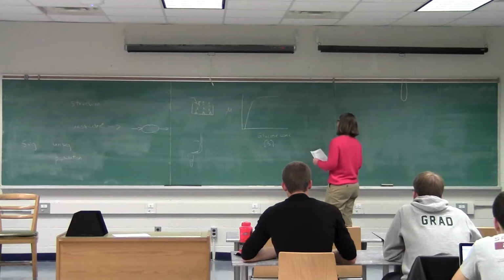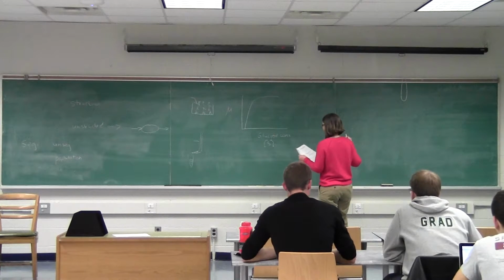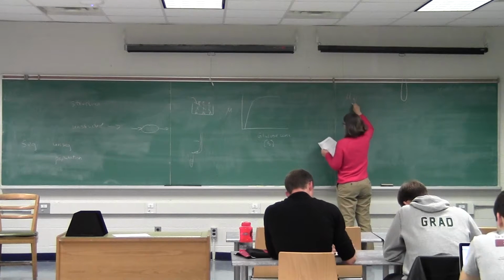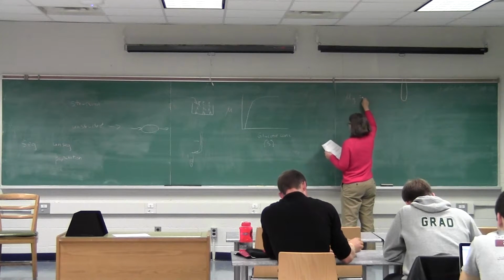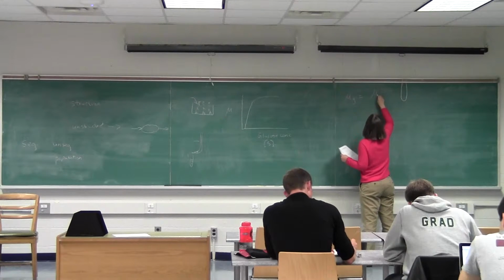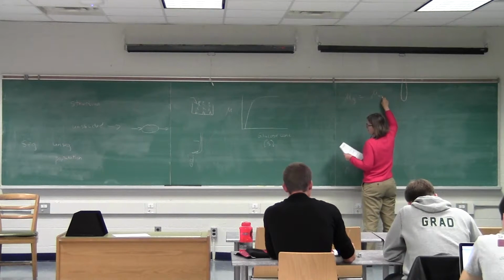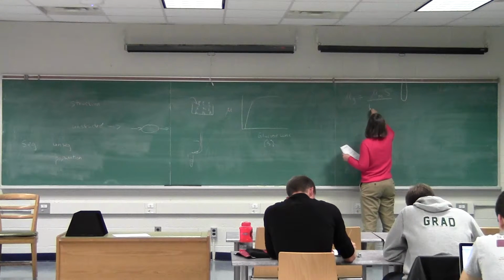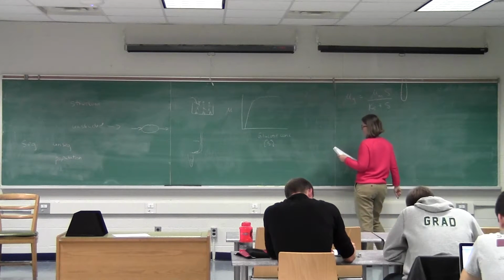So shockingly, perhaps not shockingly, one of the most basic models for cell growth, so there's your specific cell growth, says that you've got a maximum amount of cell growth times your substrate concentration over Ks plus S.